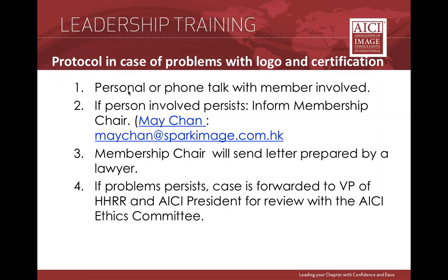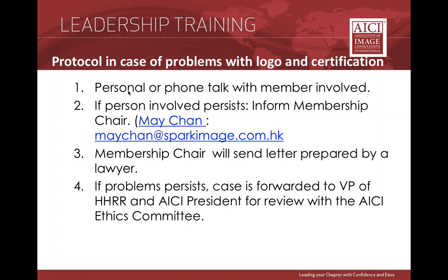If that problem persists, then you may inform the membership chair. In this case, it is Mei Chan, and here is her email, and she is going to send a letter prepared by a lawyer that we have to the person involved in this problem.